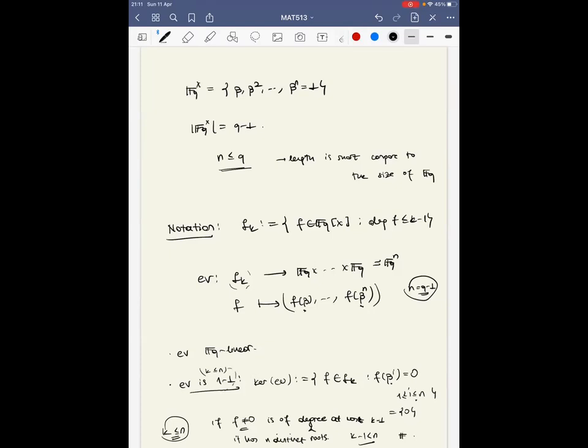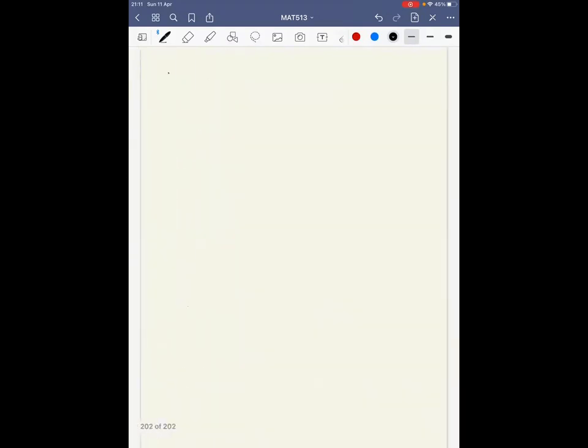And thanks to this injection, indeed we can view the image of this evaluation map as a linear code of length n and of dimension k.